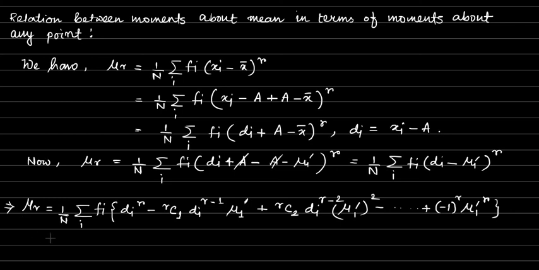Now let us separate the summation. This will be 1 by n summation over i f_i d_i to the power r minus rC1 into 1 by n summation over i f_i d_i to the power r minus 1 into mu1 dash. Since mu1 dash is independent of the summation, we can write mu1 dash outside the summation.